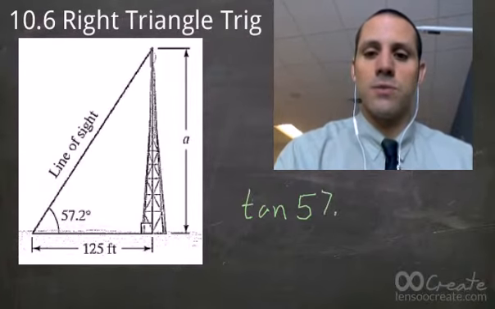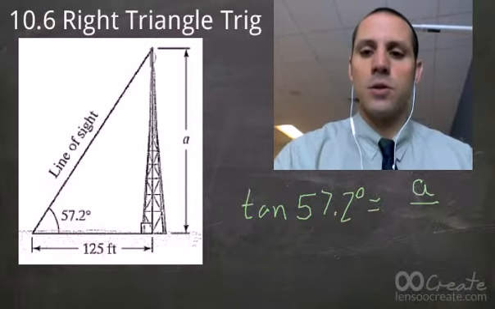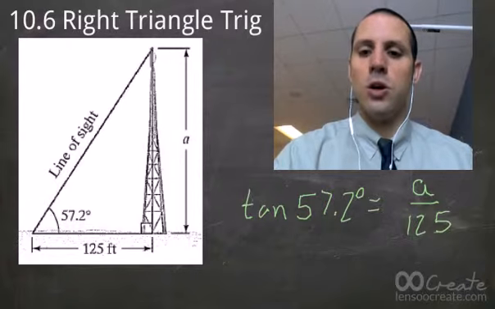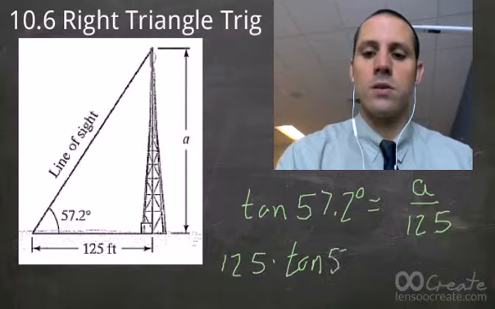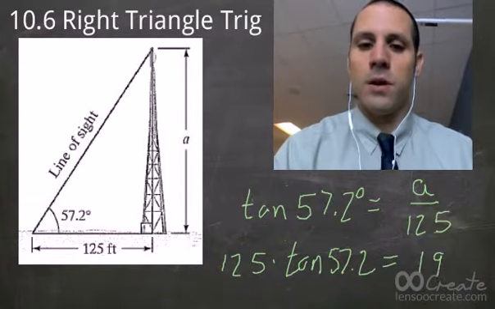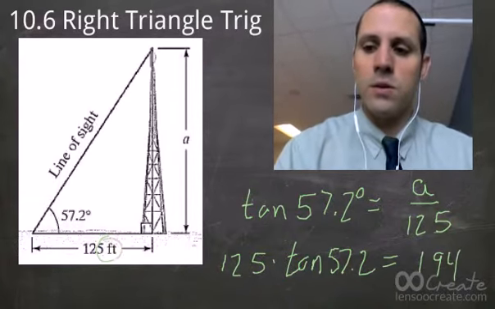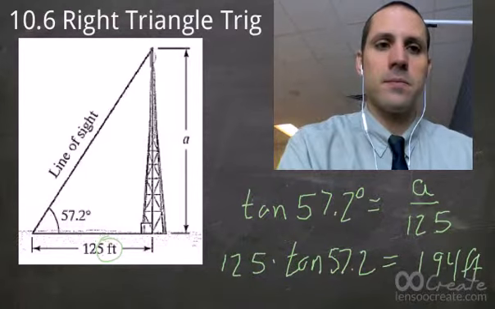So tangent of 57.2 degrees equals the opposite over the adjacent. Multiply the 125 over. And A is going to equal 194, and in this case, feet. Does that make sense? Looks good to me.